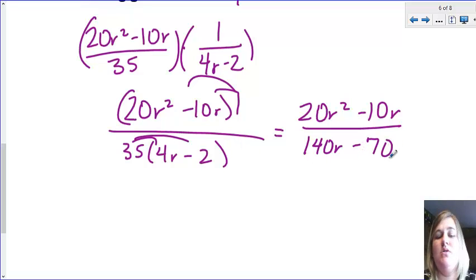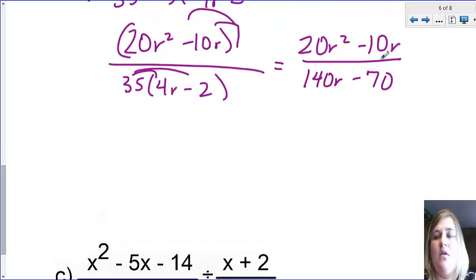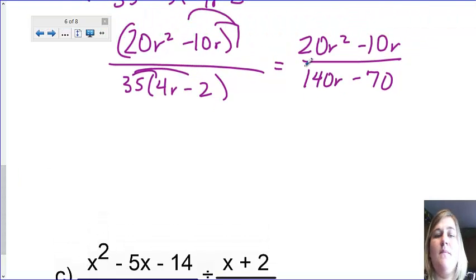Okay, so now that I'm here, I'm going to simplify this as far as I can. On top, I can factor out 10 and r from both, so I'm going to do that. 10r leaves me with, whenever I take 10 out of 20, I get 2. R squared, take out an r, gives me r, minus 10r divided by 10r is 1.